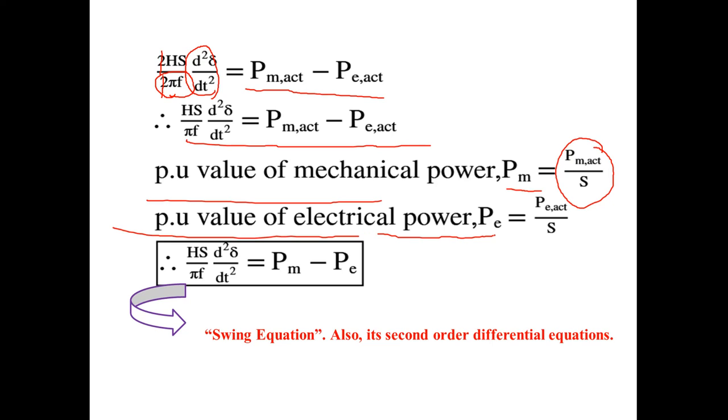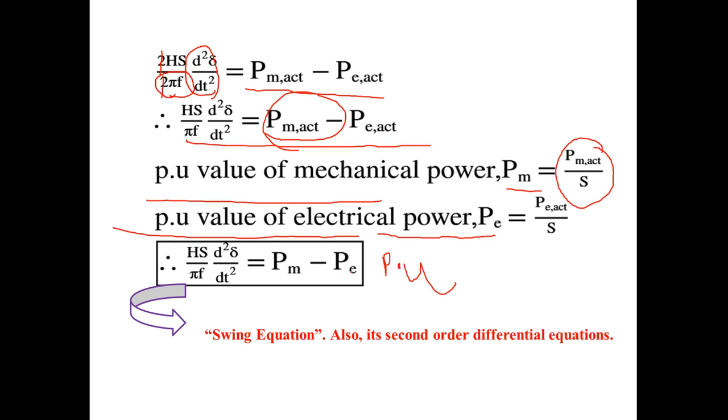From the previous equation we have derived H by πf d²δ/dt². In order to calculate in terms of per unit, instead of P actual, Pm minus Pe will be assumed.